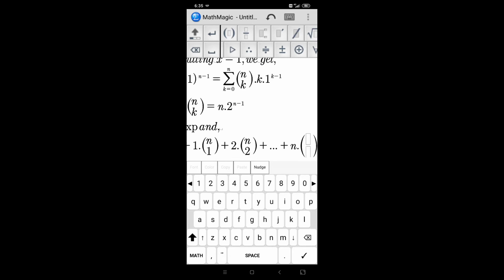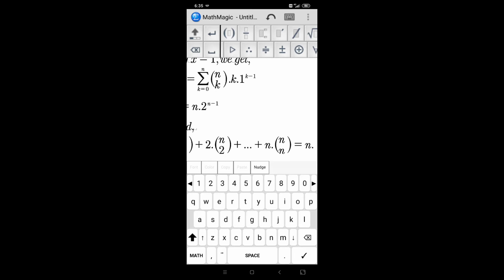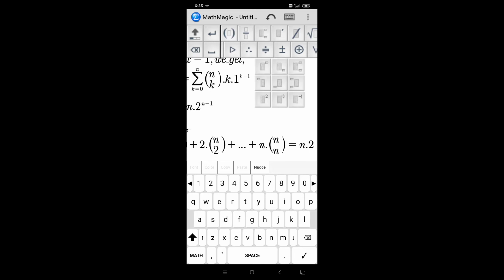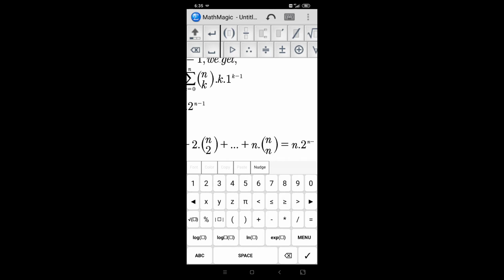And plus n into n combination n, since our sum goes to n. So the answer will be n times 2 to the power of n minus 1.